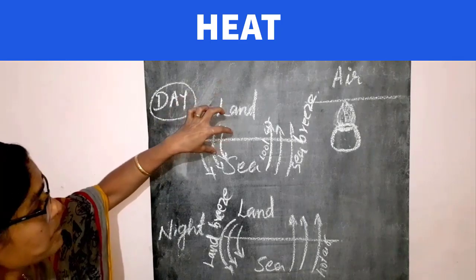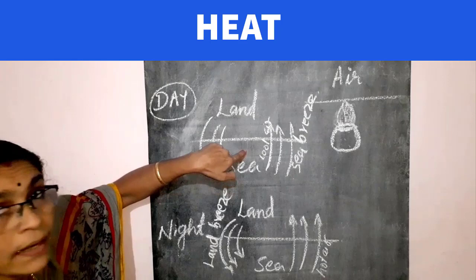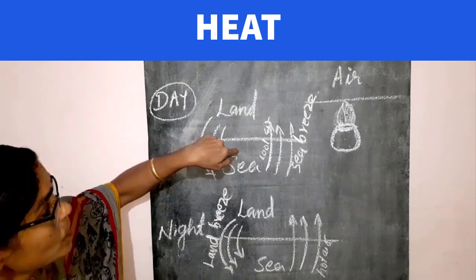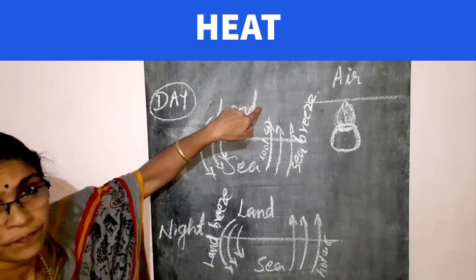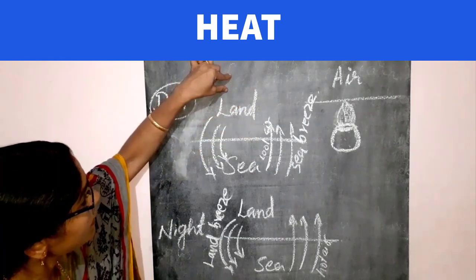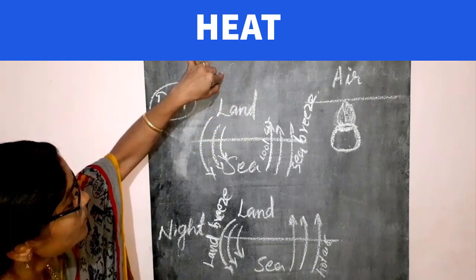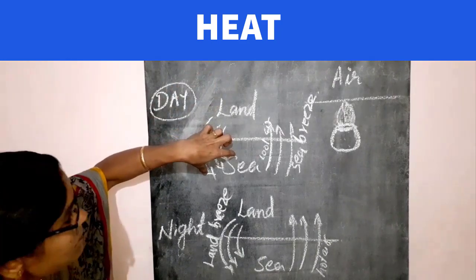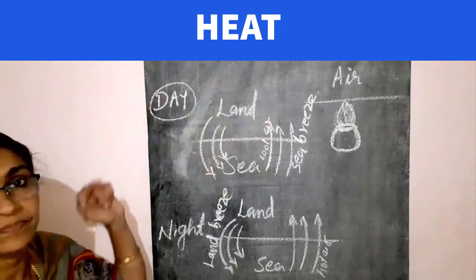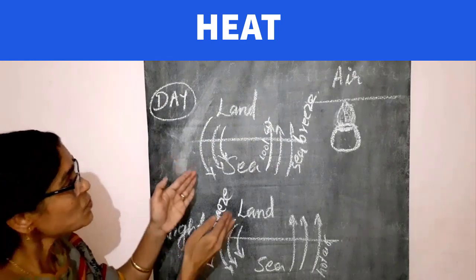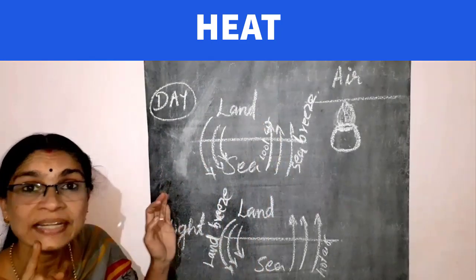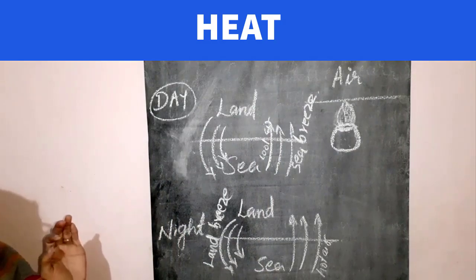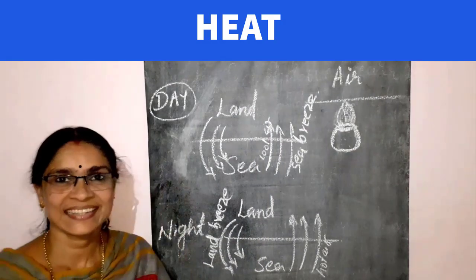At that time, the cold air above the sea moves towards land and takes its place. The hot air above the land moves towards the sea to complete the cycle. This movement of cold air from sea to land during the day is called sea breeze.